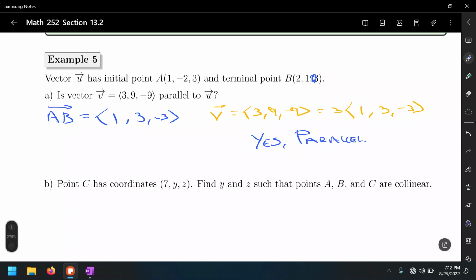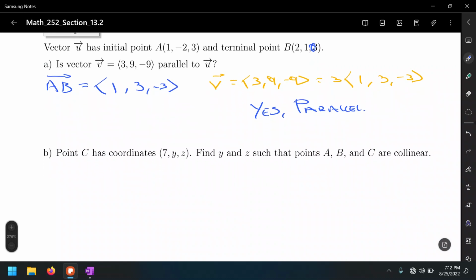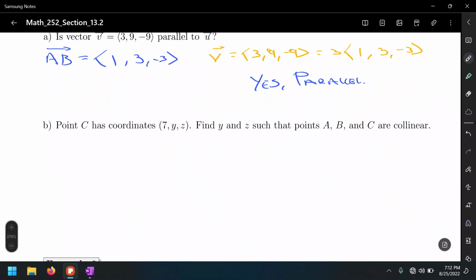Now for letter B. There is another point, and the way the point is given is a little weird, because it's not a numerical point, except for one of the coordinates, which is just the x. Y and z are to be determined. They're asking us to find the values of y and z such that the 3 points A, B, and C are collinear.